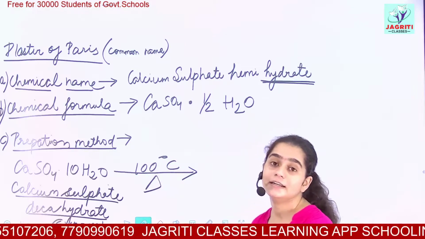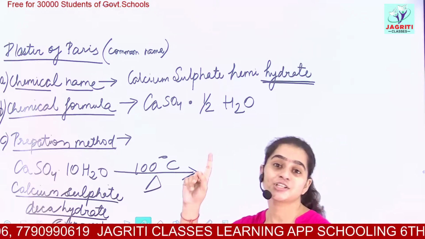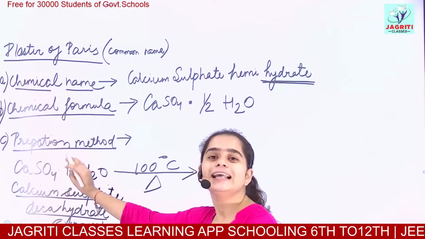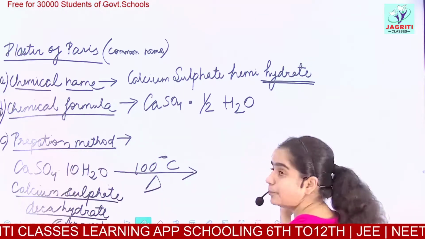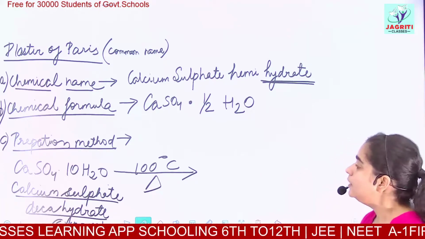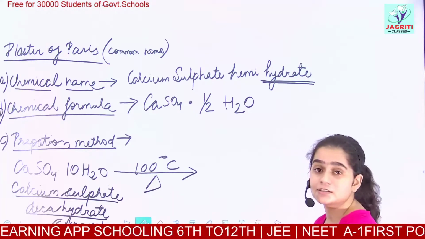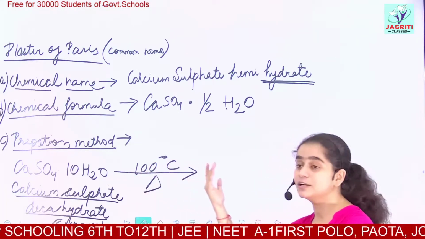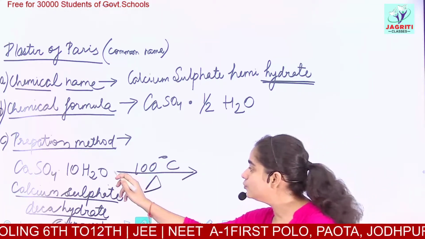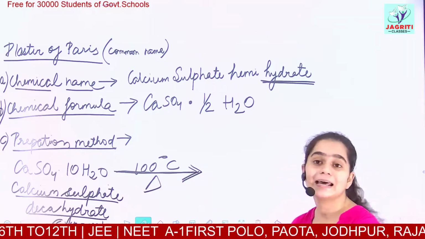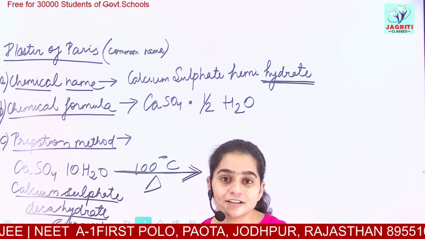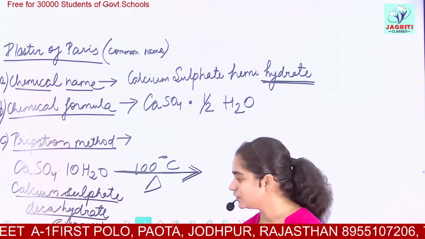We have studied chapter 1, that was chemical reactions and equations. In that we studied, we write the reactant on the LHS, left hand side, and we get the products on our right hand side. In between the reactant and product, to show the direction of the reaction, we use an arrow sign. So this is our arrow. It shows the direction of reaction. So this was also a revision of chapter 1.